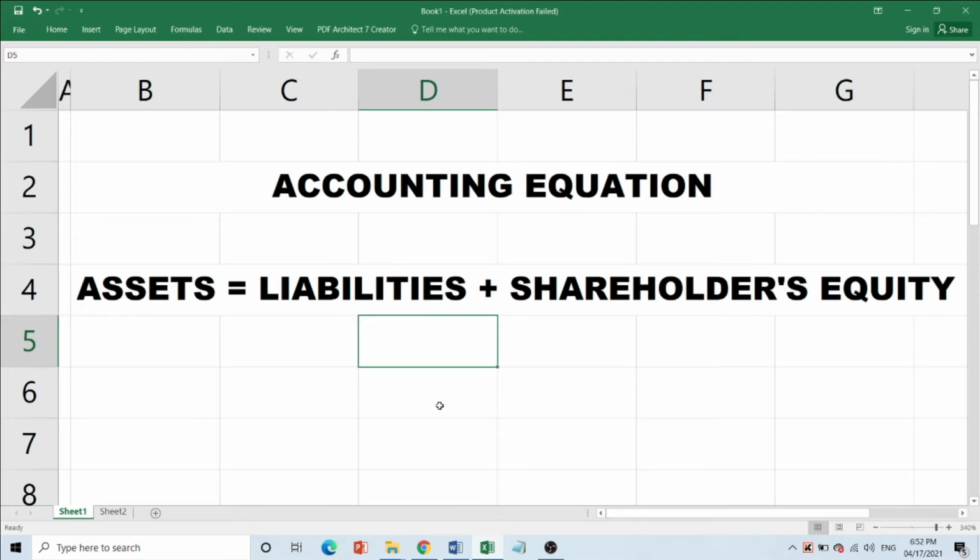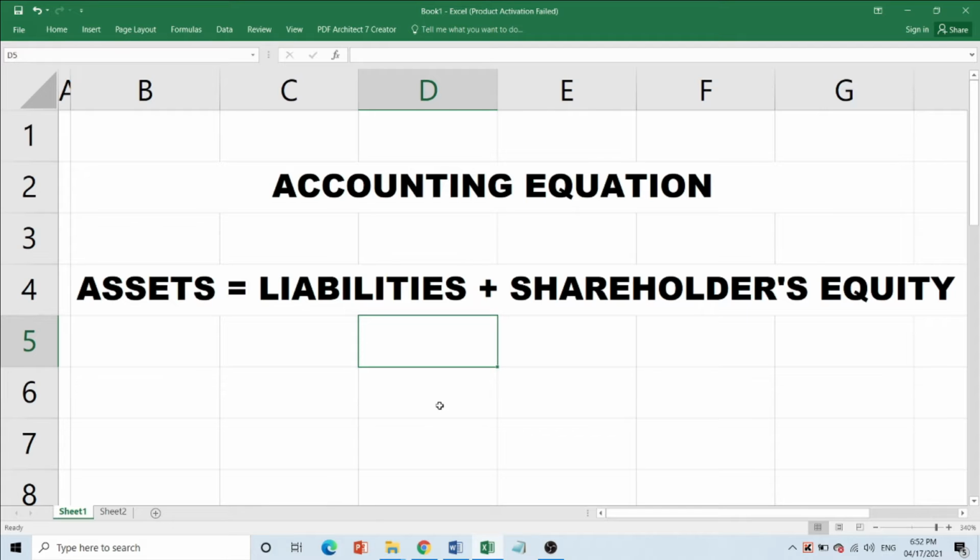So ito po ay isa sa mga reason kung bakit mayroong tinatawag na accounting equation. So again, the accounting equation shows the relationship between your business's assets, liabilities, and equity. By using the accounting equation, you can see if your assets are financed by debt or business funds.